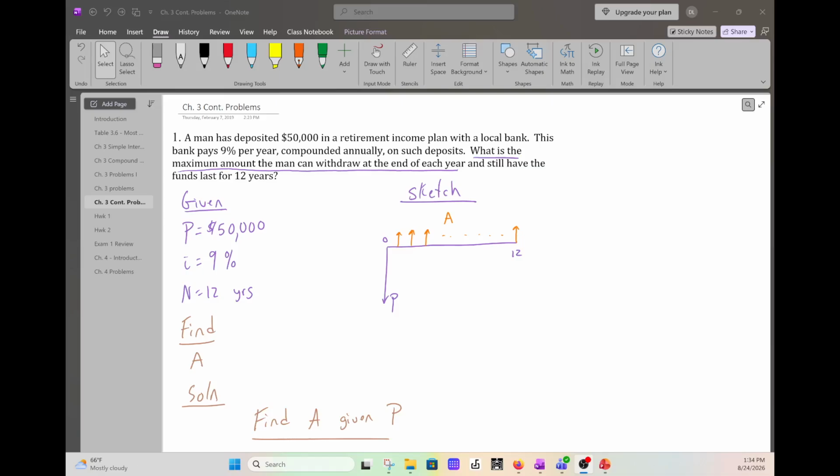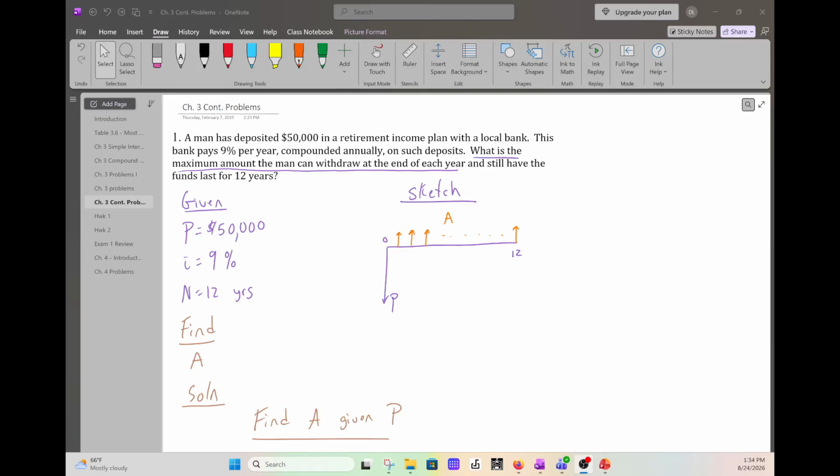So the first problem: a man has deposited 50,000 in a retirement income plan with a local bank. This bank pays 9% per year compounded annually on such deposits. What is the maximum amount the man can withdraw at the end of each year and still have the funds last for 12 years? Okay, so in this particular problem, you have a present value of 50,000.